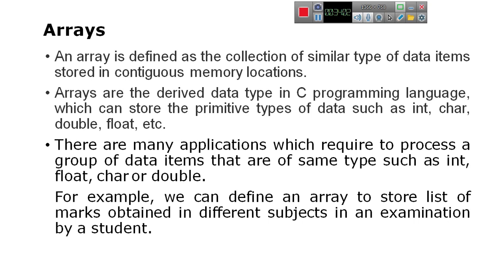Arrays are the derived data types in C programming language, which can store the basic data types such as int, char, double, float, etc.